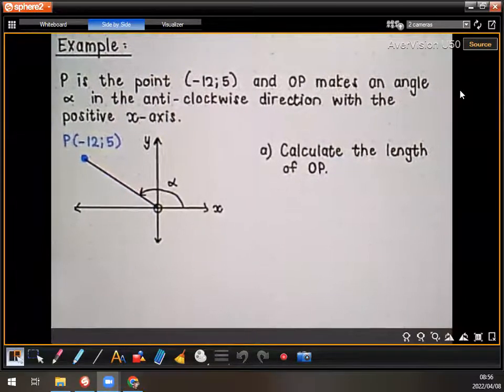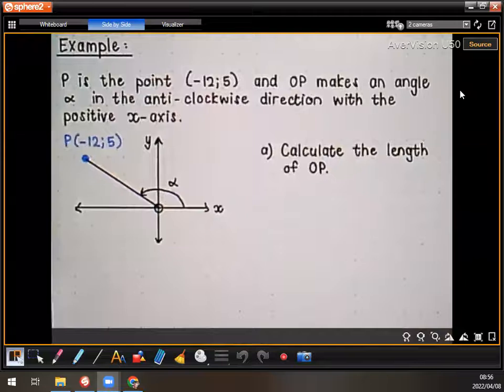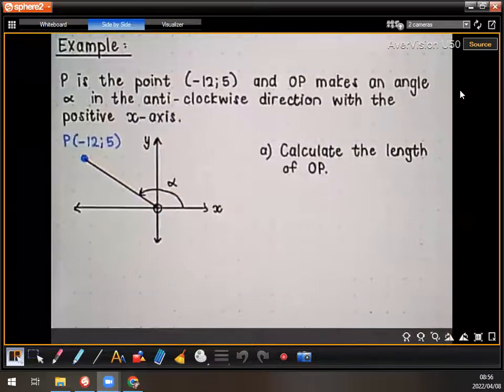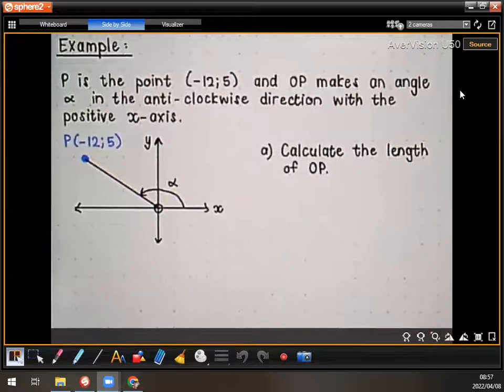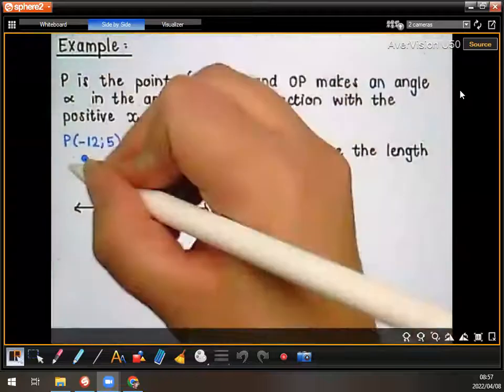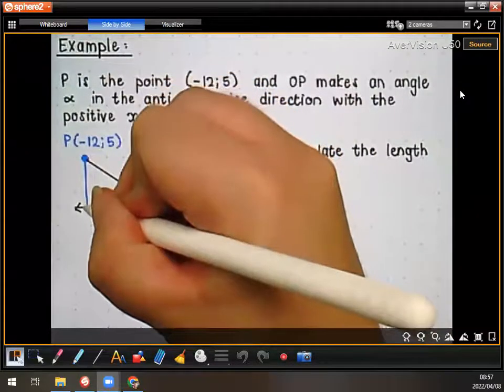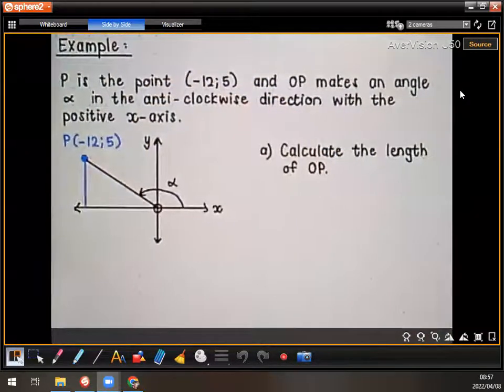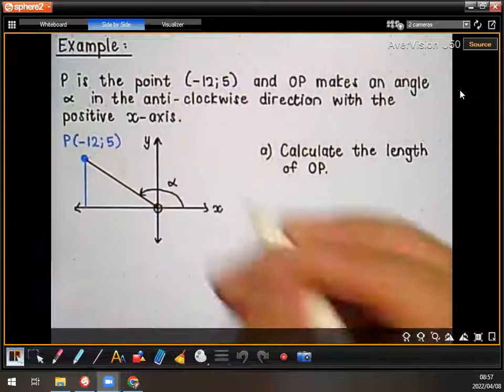We just have a point and a line and an angle. So what you need to remember to do is to connect your right angle triangle. You are going to create a right angle triangle there, always attached to the x-axis. That is something that you need to add in yourself. That is a 90-degree angle.